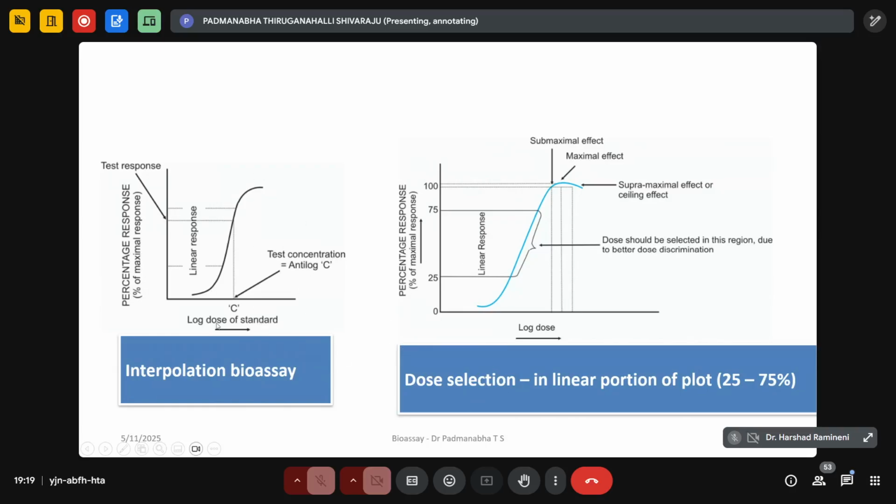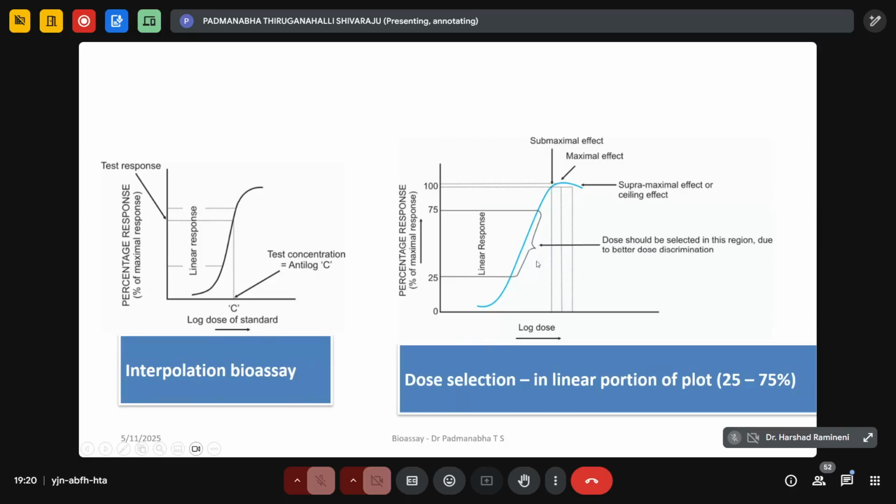Again, this requires a graphical representation where the log is required. You need to calculate the log dose response, etc. It is a little bit cumbersome, but we can extrapolate for a larger quantity of drug as well. Here, as we said, for the multiple point assay, you need to select the dose from the linear portion, 25 to 75% only, to get better dose discrimination.